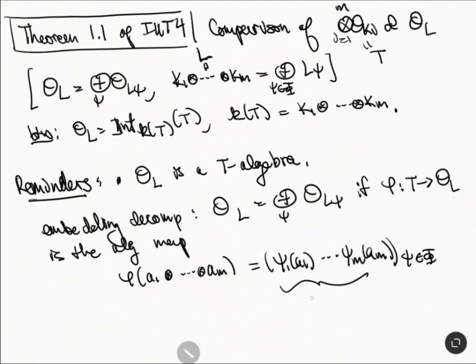In the future, we will call this component, for each ψ, φ_ψ of a_1 tensor a_m. So that's the first thing we need to remind ourselves of, this algebra structure. The second thing we need to remind ourselves of are the idempotents.